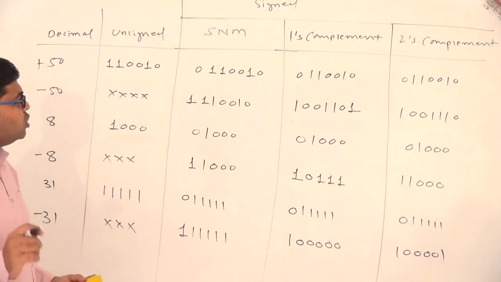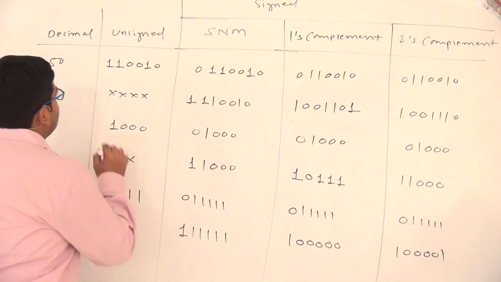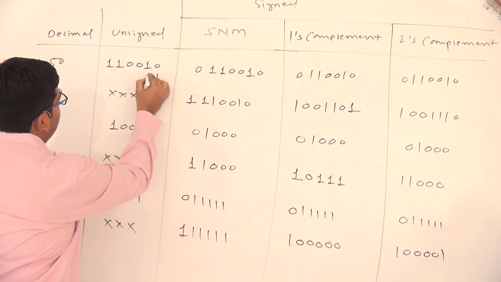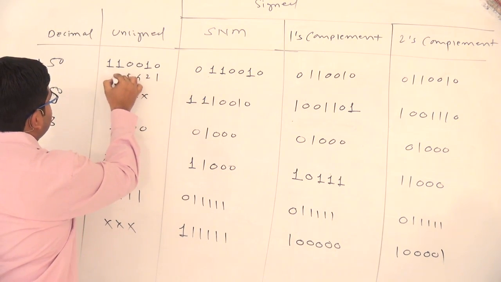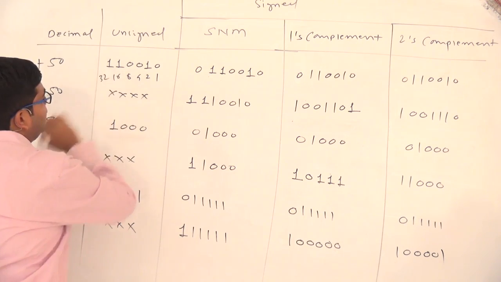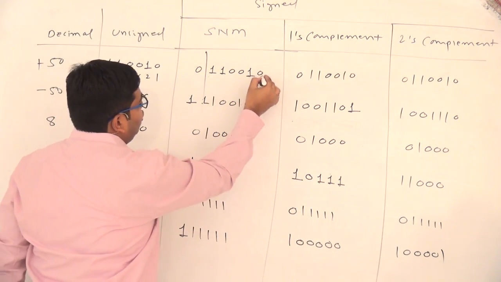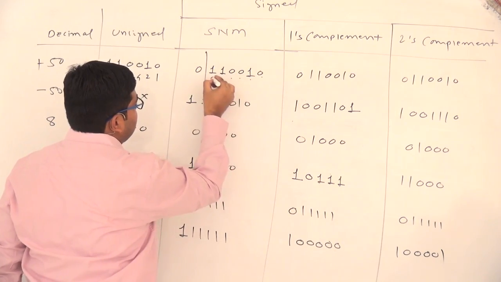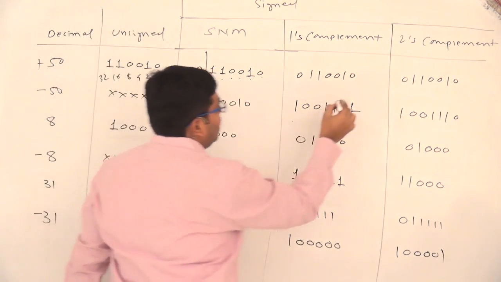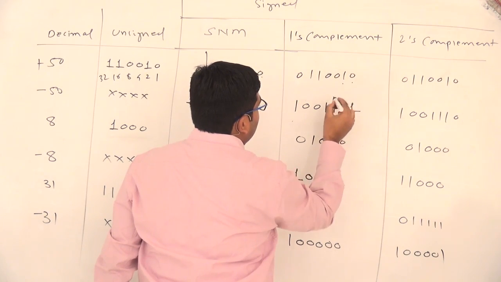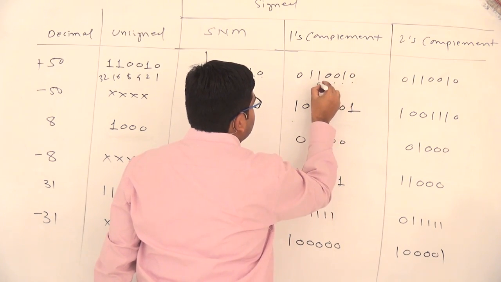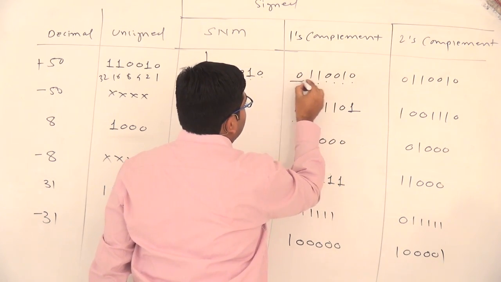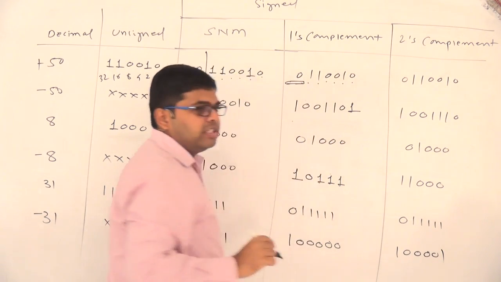See, what do I mean to say here? In unsigned representation the place values are 1 2 4 8 16 and 32. Here the place values are 1 2 4 8 16 32 and sign. Here the place values are 1 2 4 8 16 32 and this sign will be minus 63.